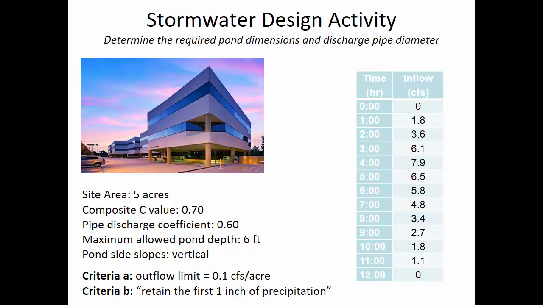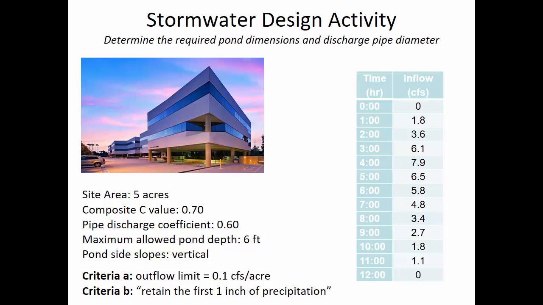The second column should be inflow in CFS. The third column should be volume in during time increment. The fourth column should be accumulated volume, and this is going to be in cubic feet. Since we are in traditional units, time will be hours, inflow CFS, volume in during time increment is going to be cubic feet.